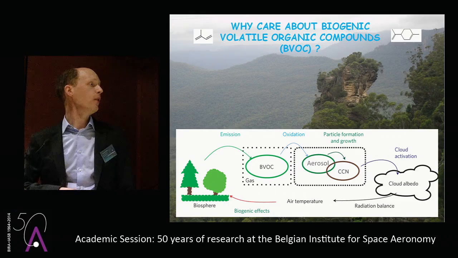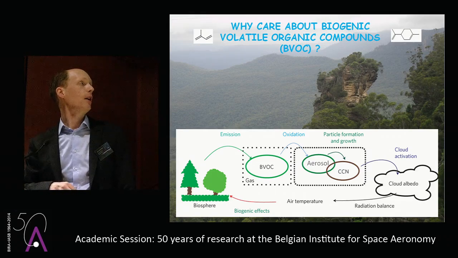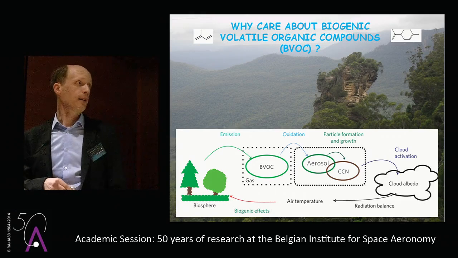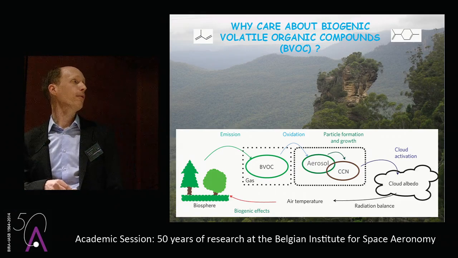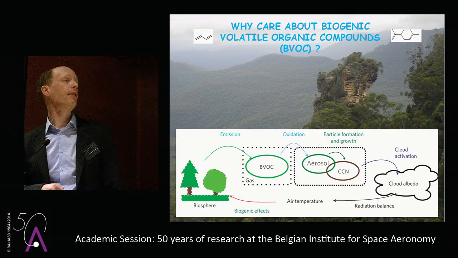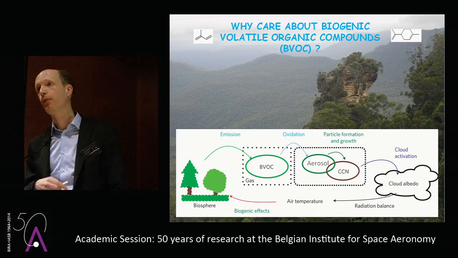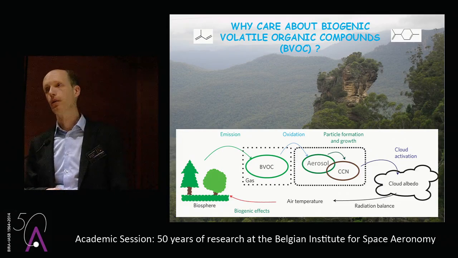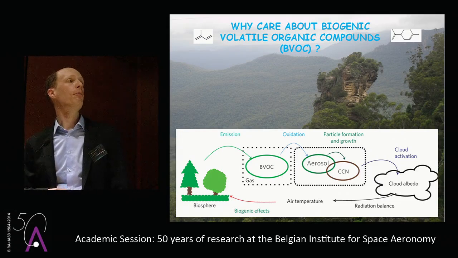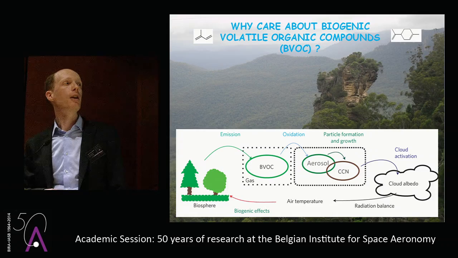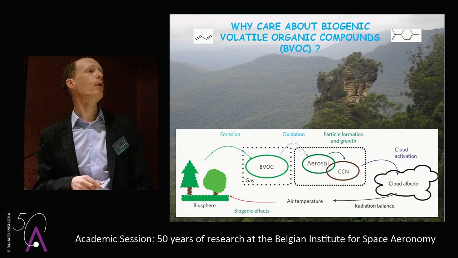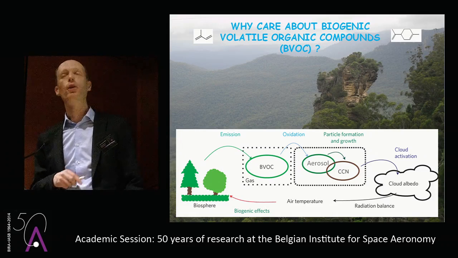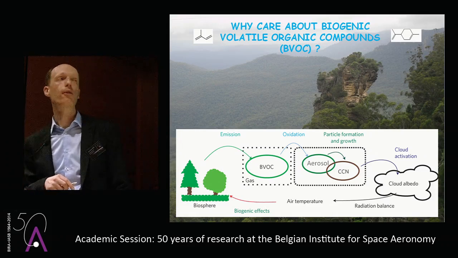What does it do in the atmosphere? Well, the biosphere emits different compounds which are quite reactive, and they react in the gas phase, and depending on the photochemical conditions, they can make fine particles, aerosols. Some of those particles can become cloud condensation nuclei, which means that they play an important role in the formation and the brightness of clouds.